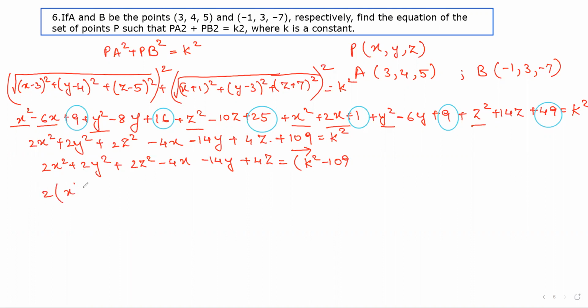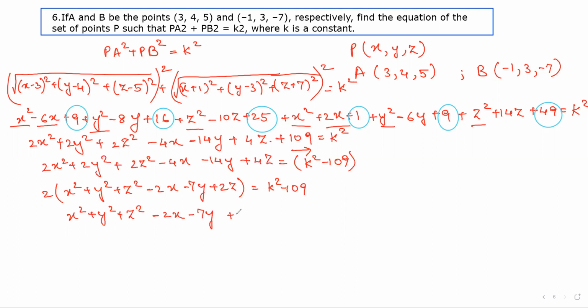You'll be left with x square plus y square plus z square minus 2x minus 7y plus 2z is equal to k square minus 109. Now 2 can be taken to the right hand side. You're left with x square plus y square plus z square minus 2x minus 7y plus 2z is equal to k square minus 109 upon 2. This concludes this exercise. Thank you.